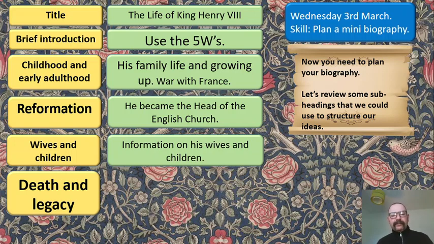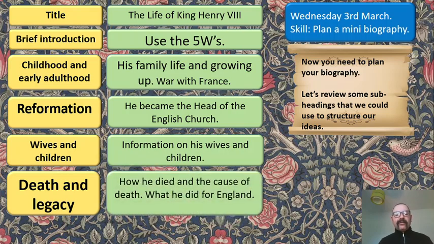Okay, and then his legacy, what did he leave behind? What is he best known for? So it's almost like a summary of his life here. Okay, so how he died and the cause of death, what he did for England. Okay, so those are some good subheadings to work with today.